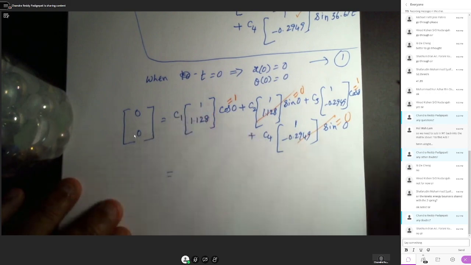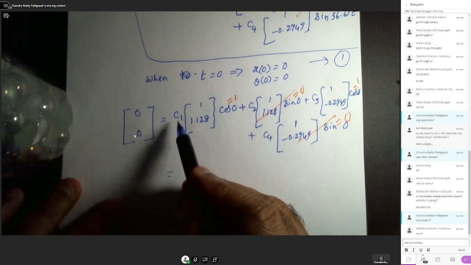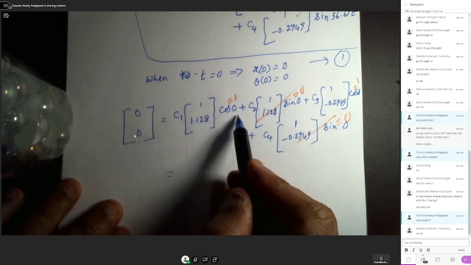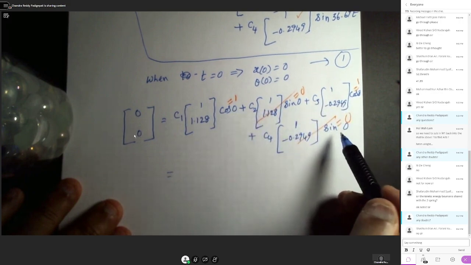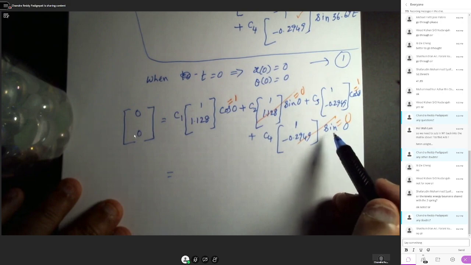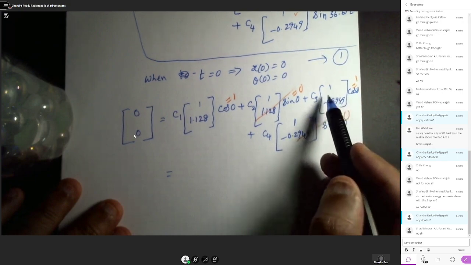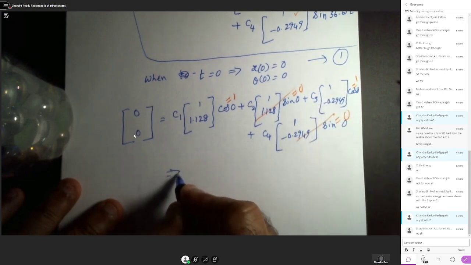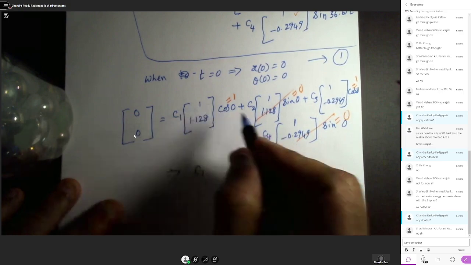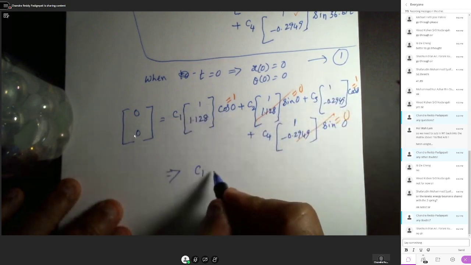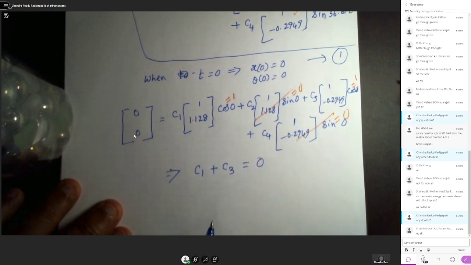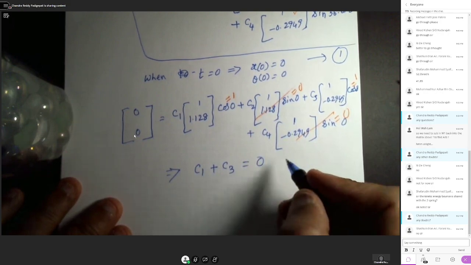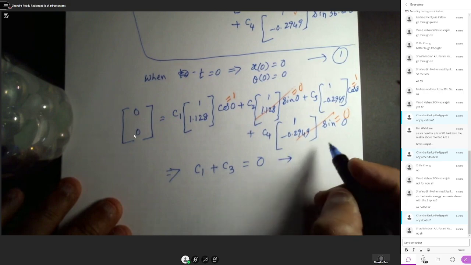So you can write C1 into 1 plus C3 into 1 is equal to 0. So you can write this equation.